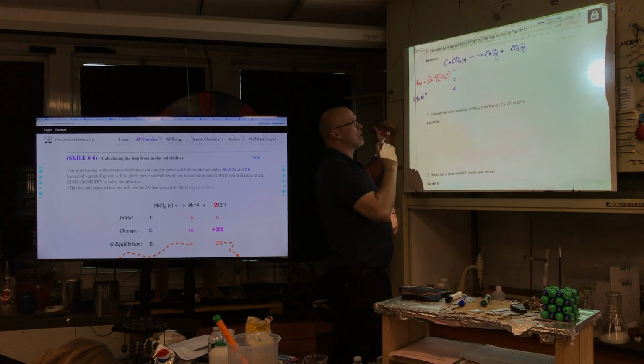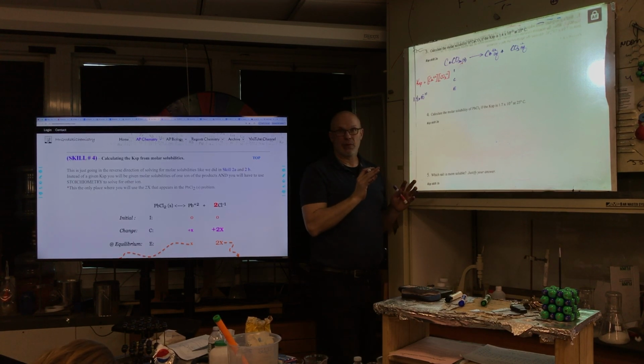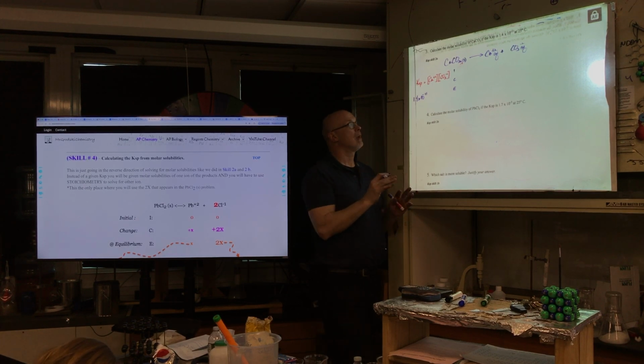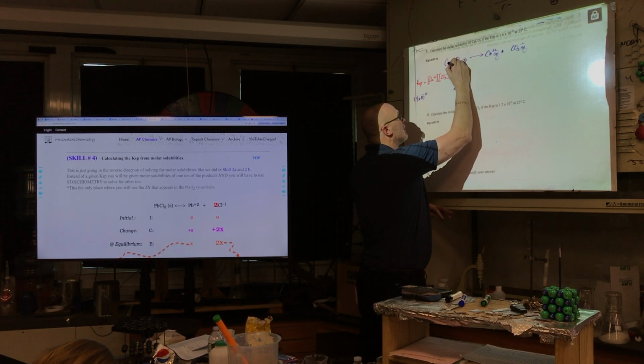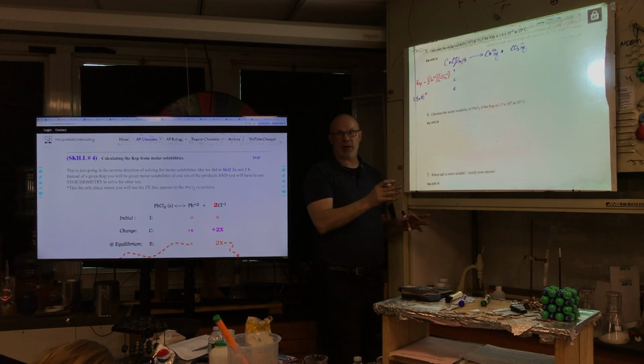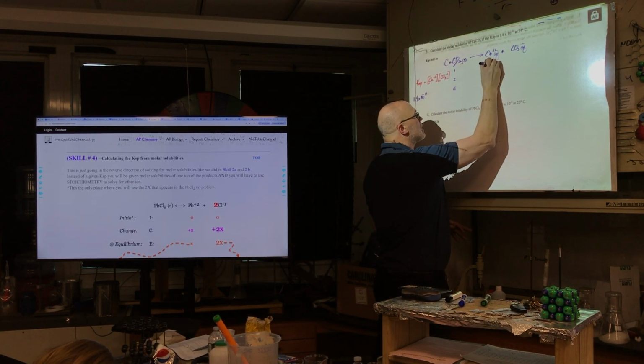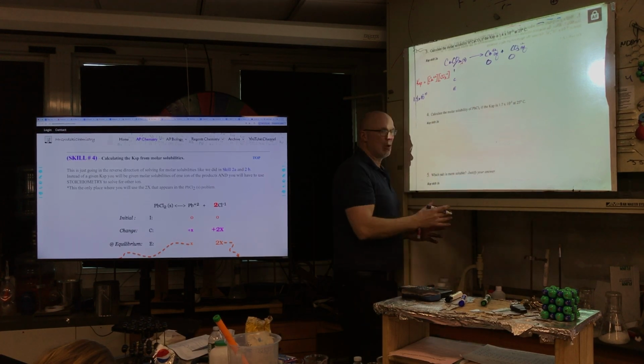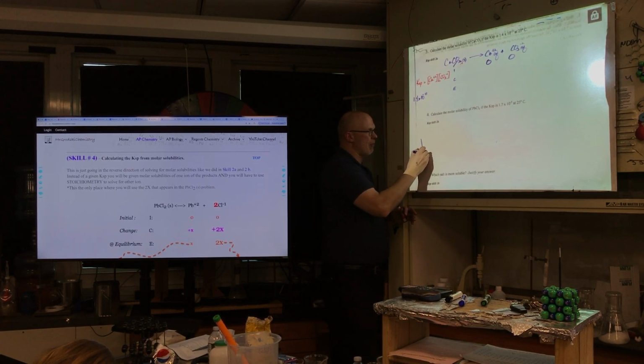So initially, and this is important, we have exactly no products yet. We do an equilibrium ICE table. Now, I don't write the solid in ever because there's no molarity, but there's no products yet. So anytime we do an equilibrium, we start here in my U diagram at 100% reactants.